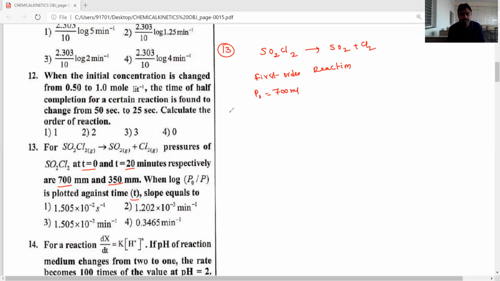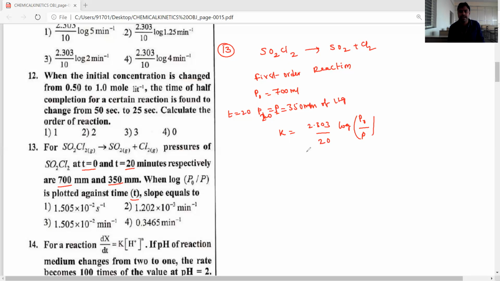And if time t is equal to 20 minutes, then P at 20 minutes is equal to 350 mm. Then k is equal to 2.303 by 20 into log P naught by P.